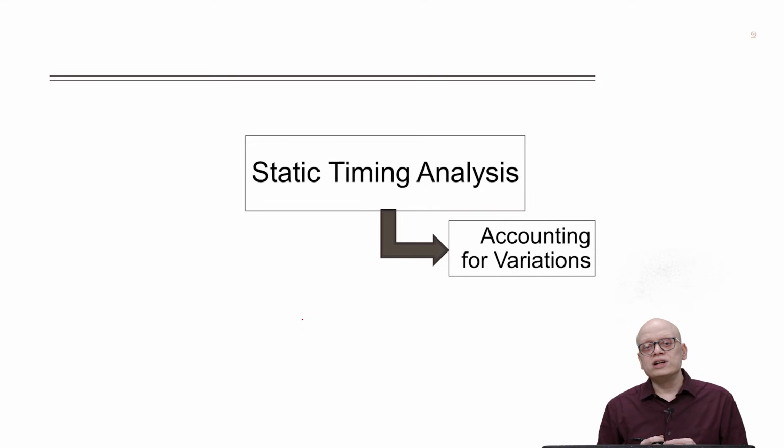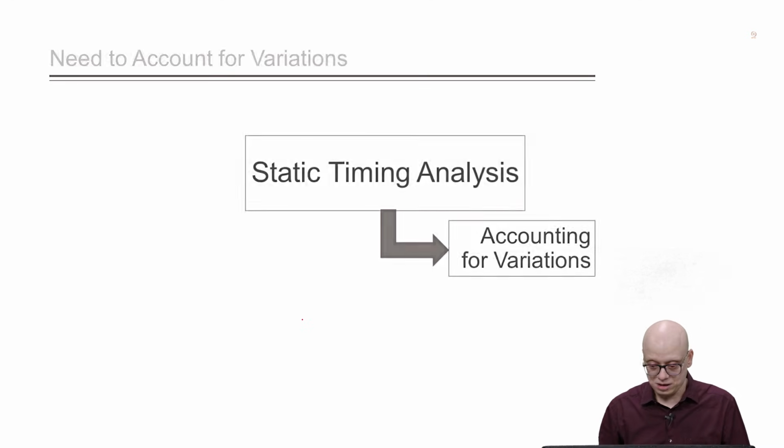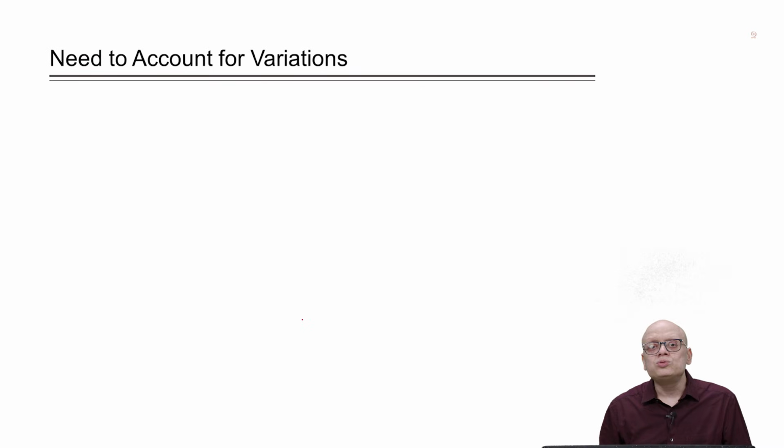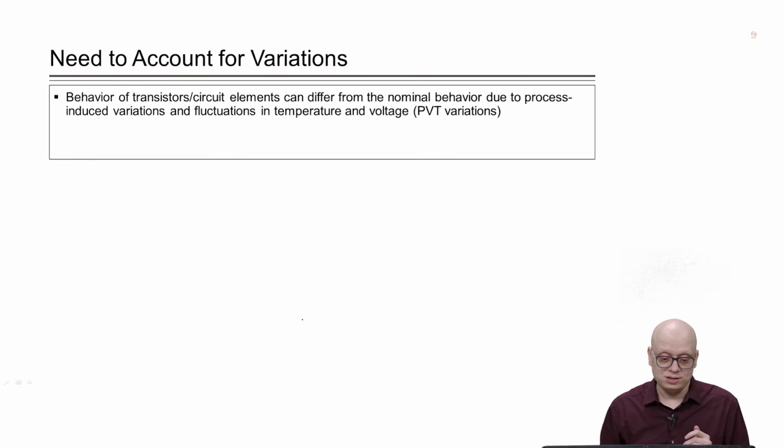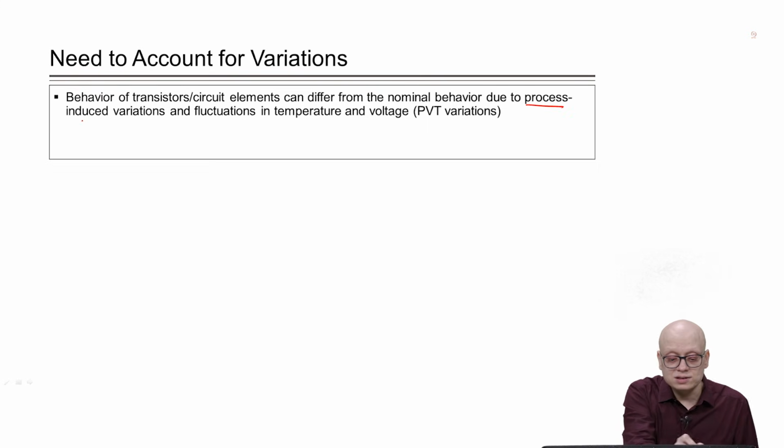So, now let us look into another important feature of static timing analysis, that is to take into consideration the variations that can happen in our design. Why do we need to take into account variations? Because of many reasons, for example, process induced variations.